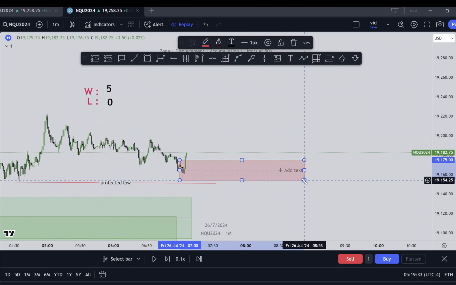But the last protected low is still this low. Okay? Let's see what happens. Are we getting in? Okay.